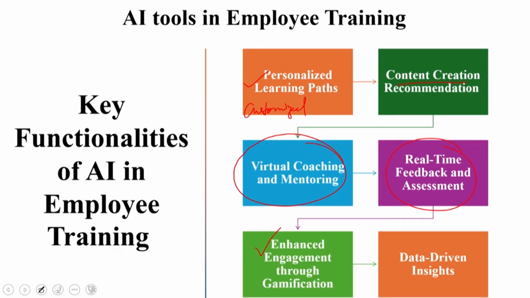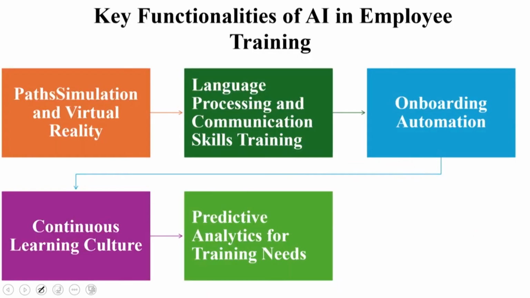And finally, you have the data-driven insights that essentially AI systems can collect and analyze data on training effectiveness. They can collect data on employee performance. They can understand the learning patterns. Organizations can use this information to refine training programs and address the gaps in knowledge or skills. There are other aspects also, including simulation and virtual reality.